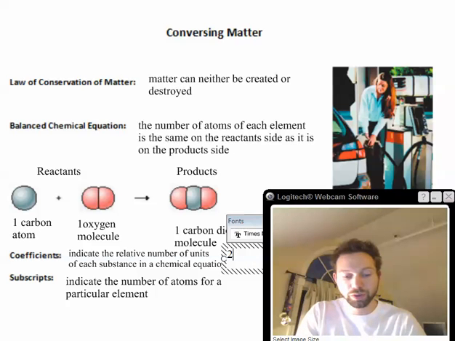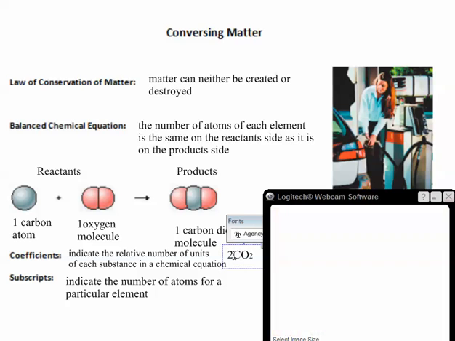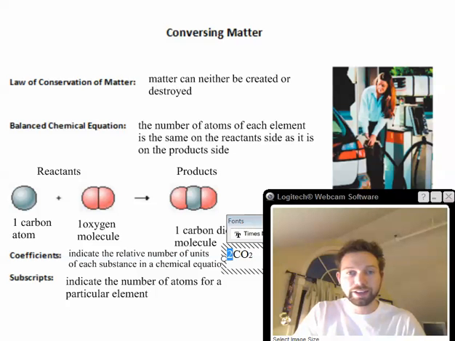The 2 in this case is the coefficient. So that's the coefficient there. This is the coefficient.